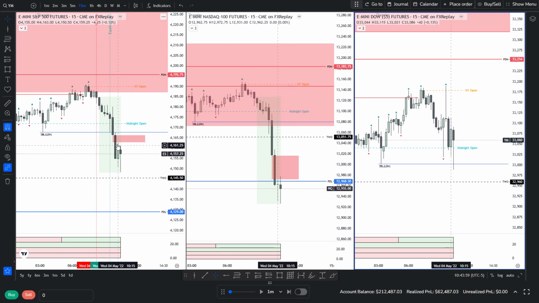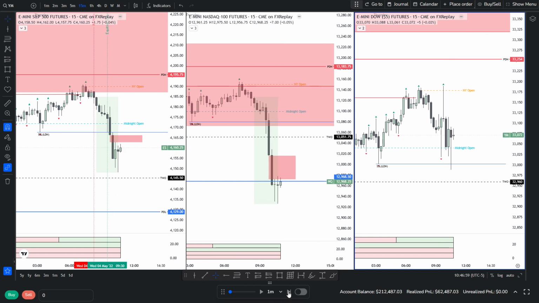Okay, that in there. Interesting. Okay, so we're getting outside the trade execution window.